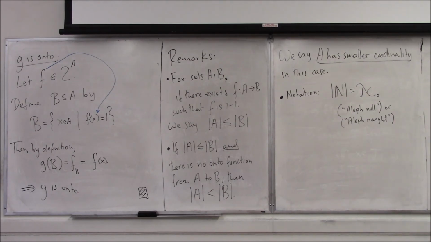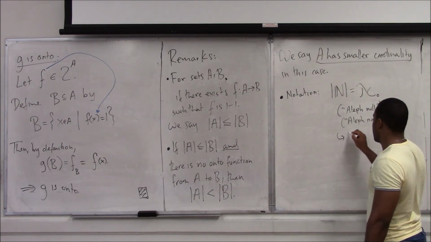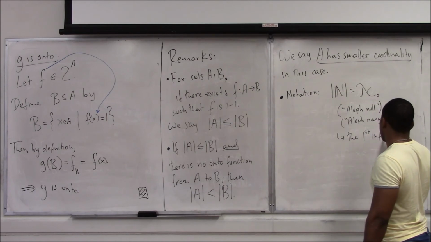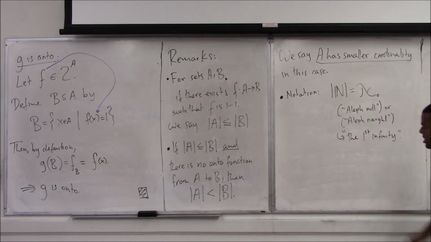That's how I write it by hand, but it's a fancy N with boldface and it has subscript 0. This is Aleph Null, Aleph Naught. Basically, this is the first infinity. It's the smallest infinity we know about.